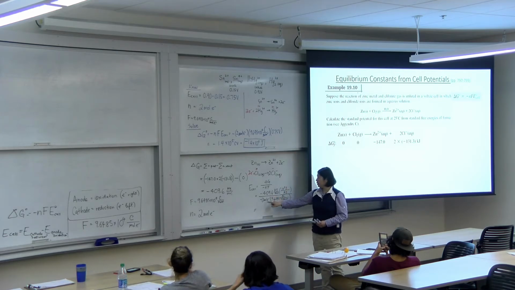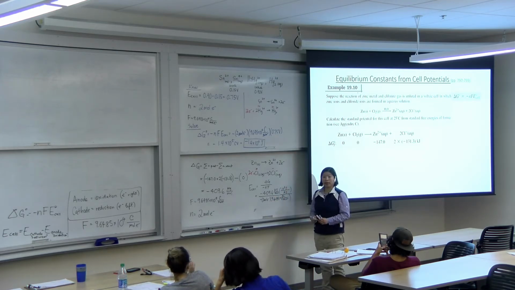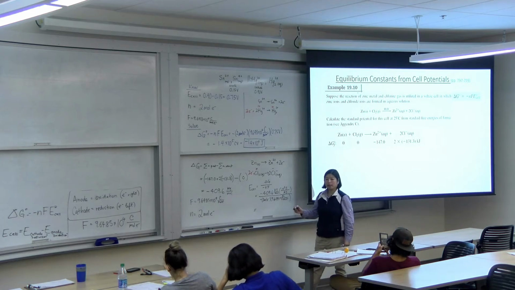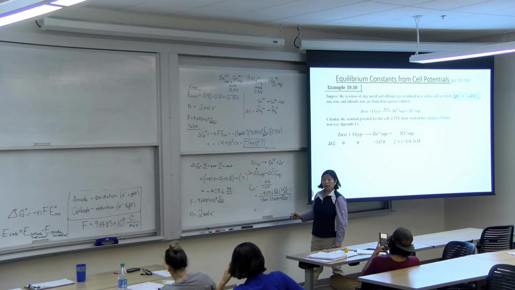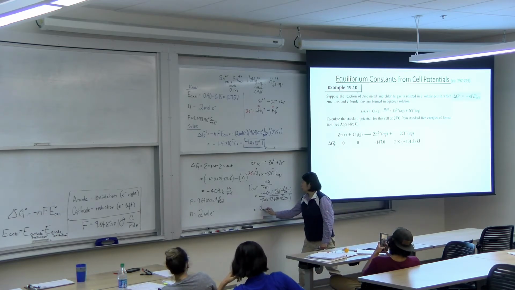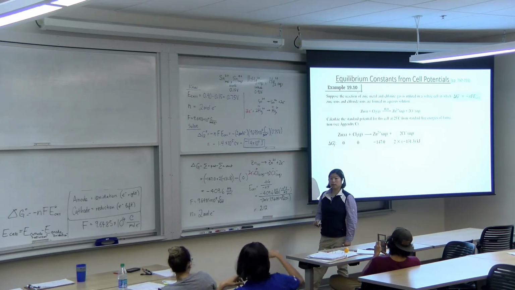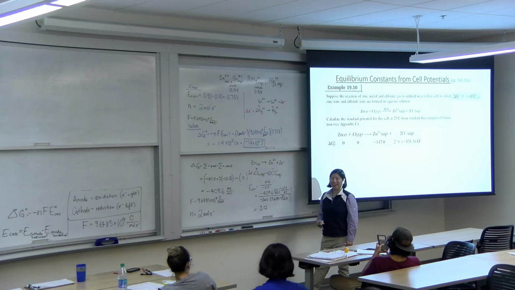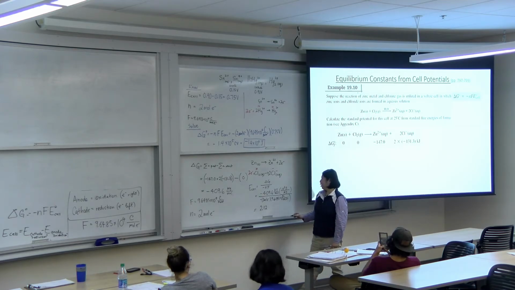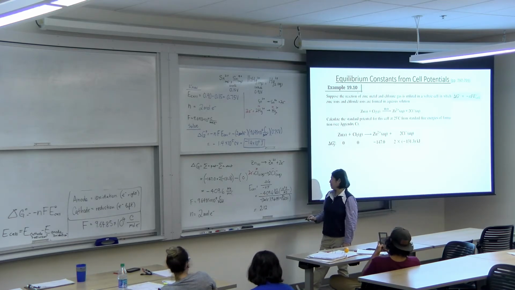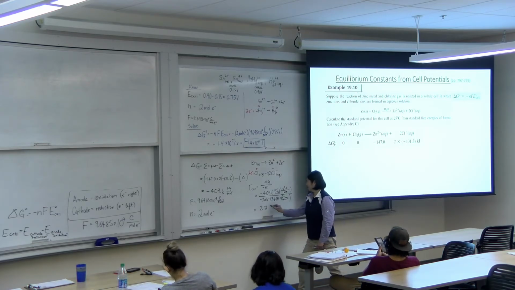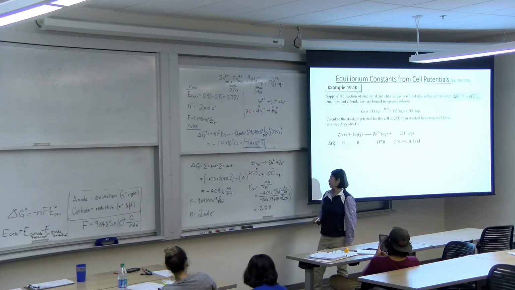Just do this divided by this, right? What do we get? 2.12, like that? Oh, you solved the whole thing. And what unit should I be in? Volts. Very good.